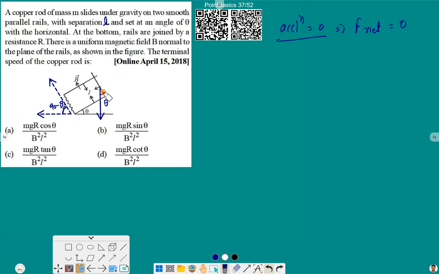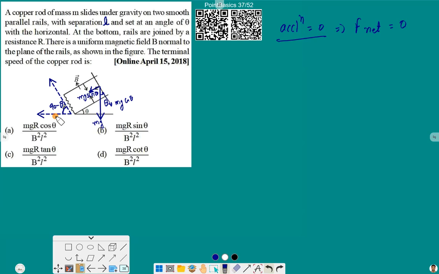So this component will be mg cos theta, and there will be a component like this, mg sin theta.